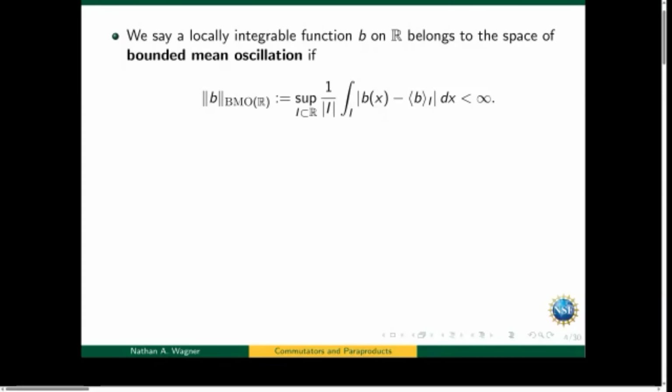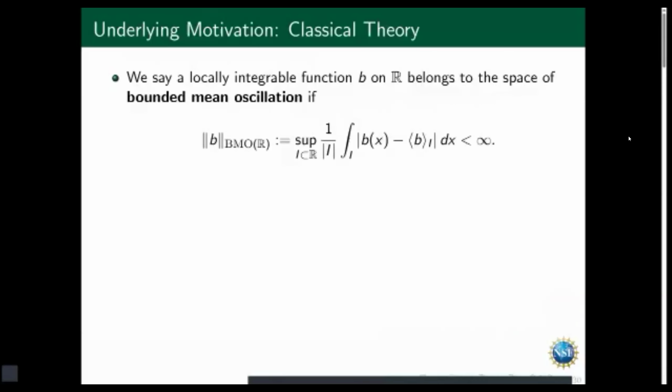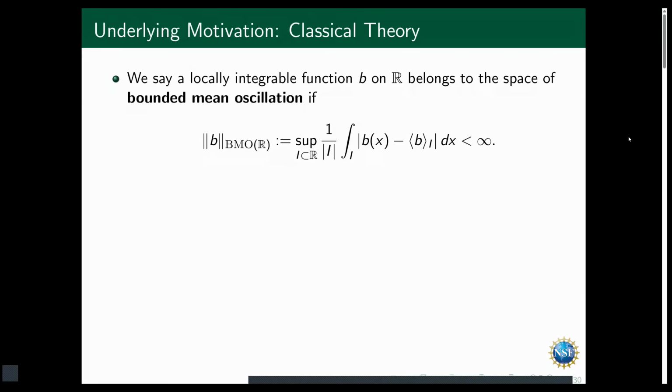And so this is the definition of BMO. These are functions of what's known as bounded mean oscillation. And the name really gives the definition of these functions because their oscillation, which is measured by taking the function minus its integral average.